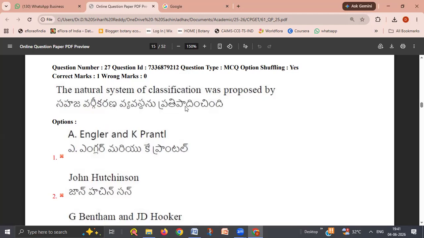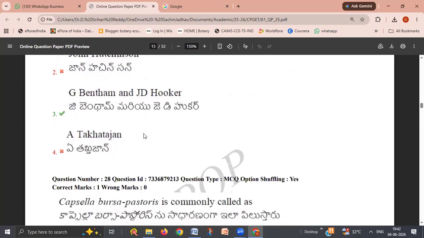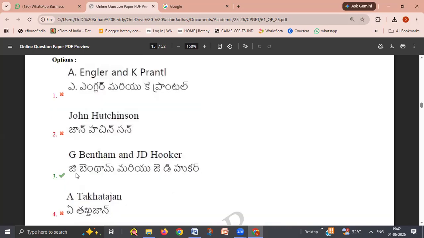The natural system of classification was proposed by George Bentham and J.D. Hooker, and one more person also, De Candolle. De Candolle's classification is also called a natural system. Engler and Prantl's classification is called a phylogenetic system of classification. John Hutchinson also proposed a phylogenetic system, and Takhtajan also proposed a phylogenetic system of classification.